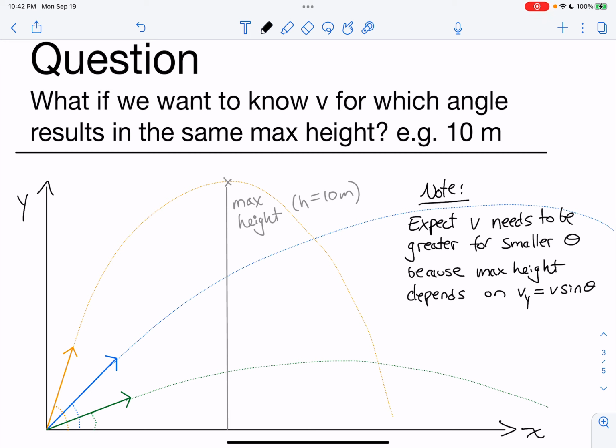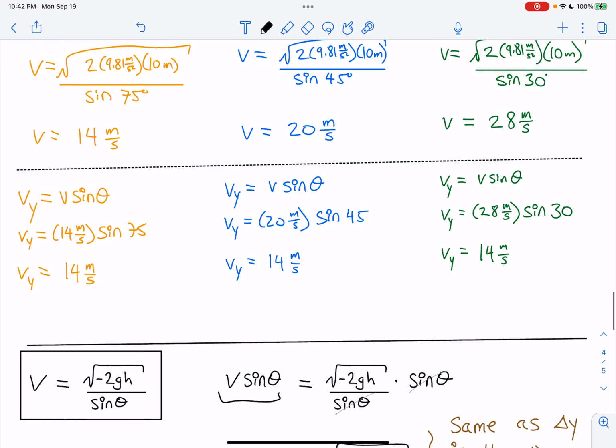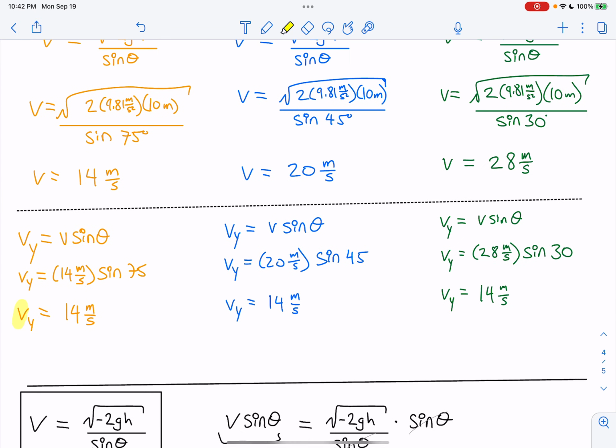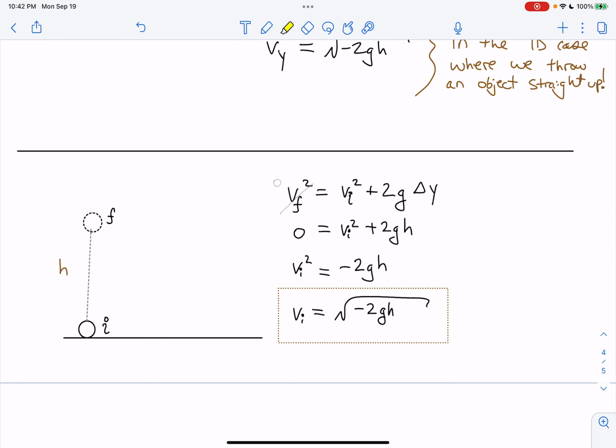And the impact of that change in angle is simply what proportion of that is going into the y to give us that number that we need. So if we need that 10 meters of height, well, that tells us we actually need our 14 meters per second in the y direction. And we see how that's related then to the case where it's one-dimensional and we're just throwing the ball or the object up into the air. Okay, that's it.